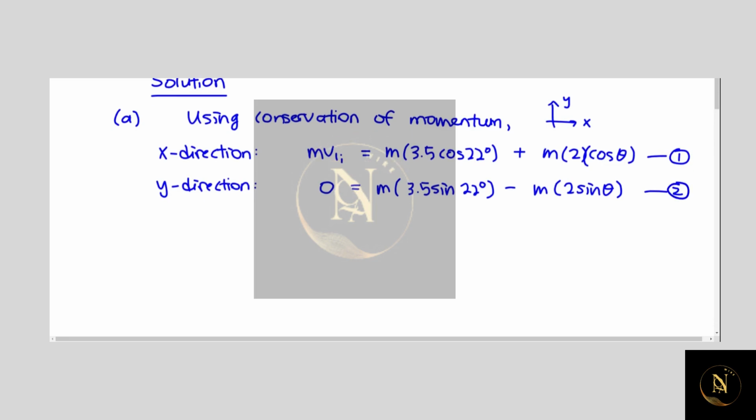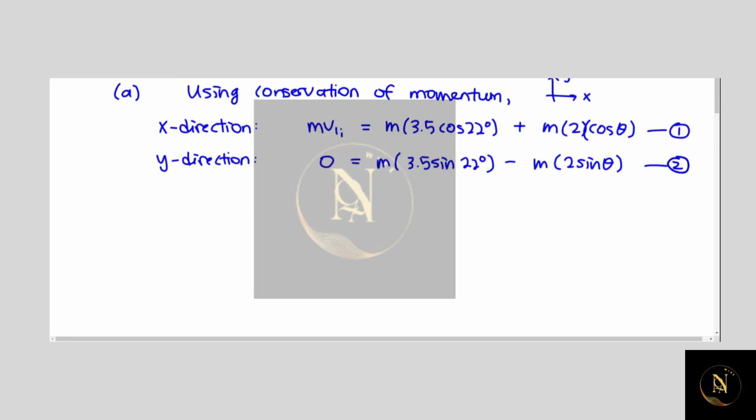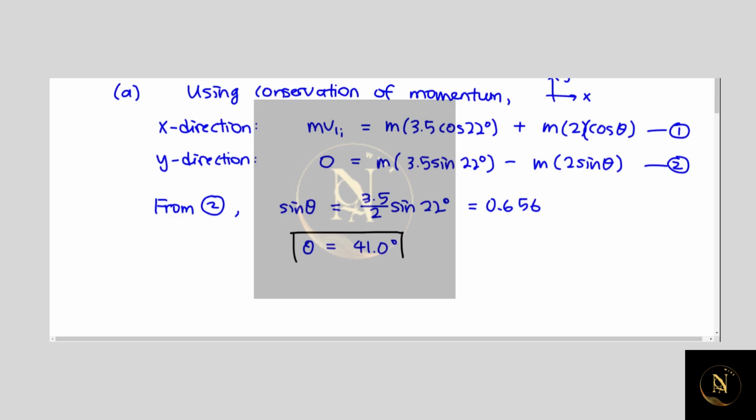We can obtain theta from equation 2. Sine theta is equal to 3.5 divided by 2 times sine 22 degrees. This is 0.656, and theta is equal to 41.0 degrees. This is the answer for part A.